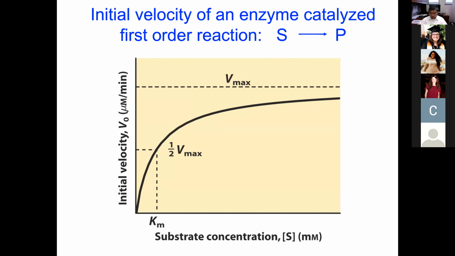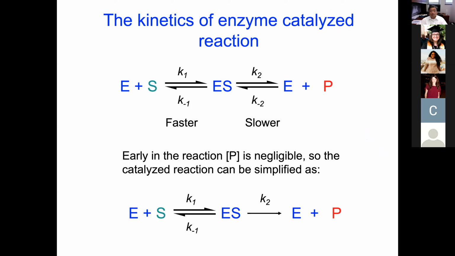So these two kinetics are very different. With some enzyme around, you have this hyperbolic curve. So the job today is to figure out how to describe this kinetic property of the enzyme catalyzed reaction. Now, let's look at the enzyme catalytic reaction.